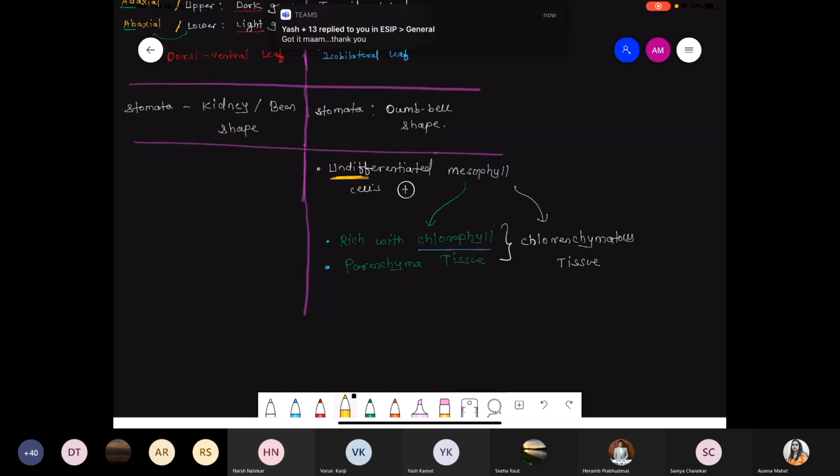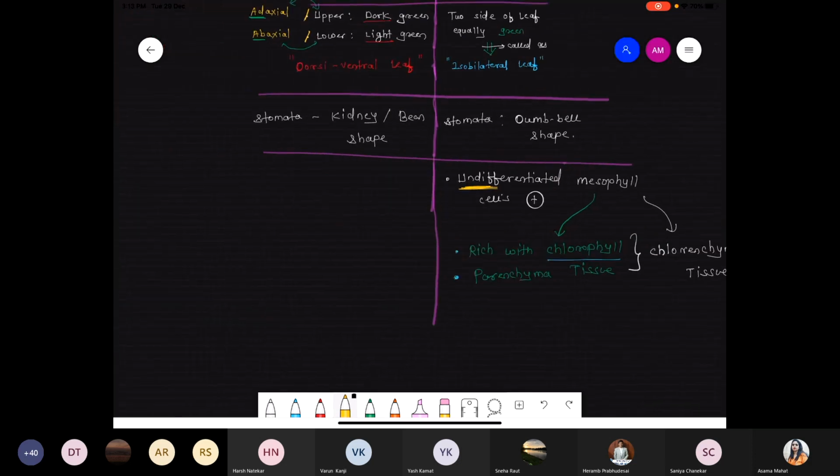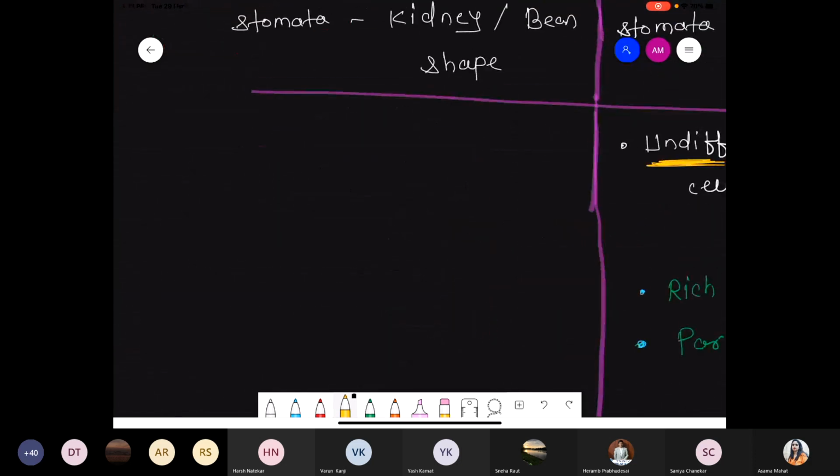Okay? Yeah. So undifferentiated mesophyll cells are associated with monocot leaf. Now we are talking about the quite detailed information about the dicot, because in case of the dicot, mesophyll cells are present, but now they are differentiated.